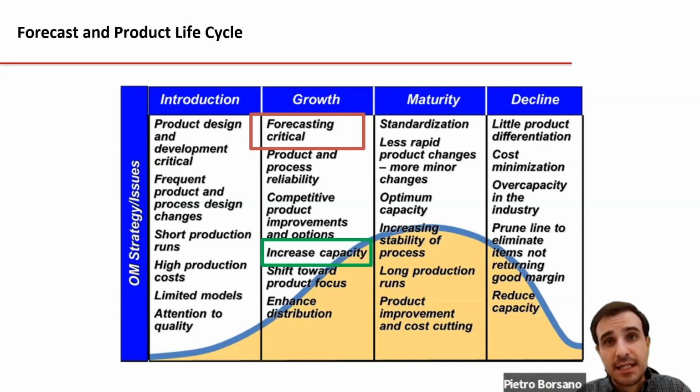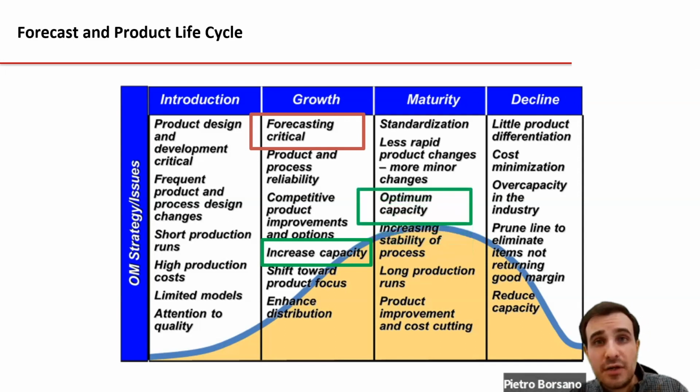In the two following stages, the maturity stage and the decline stage, we see different approaches from a capacity perspective. In the maturity stage, we reach an optimum capacity, meaning that forecasts would probably be a little easier at that point.